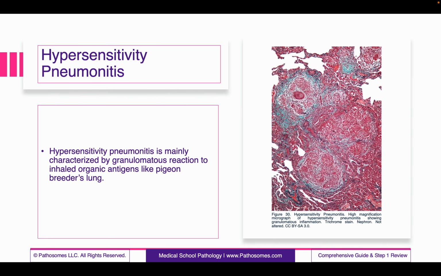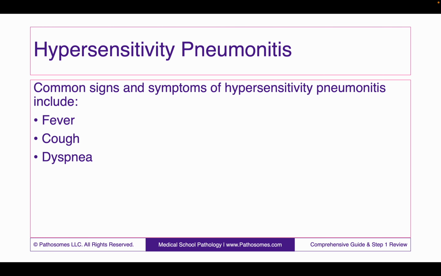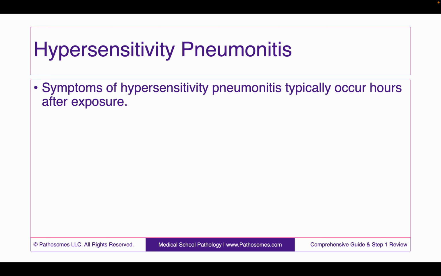Now let's move on to hypersensitivity pneumonitis. Hypersensitivity pneumonitis is mainly characterized by granulomatous reaction to inhaled organic antigens, like pigeon breeders' lungs, right? Common signs and symptoms of hypersensitivity pneumonitis include fever, cough, and dyspnea.